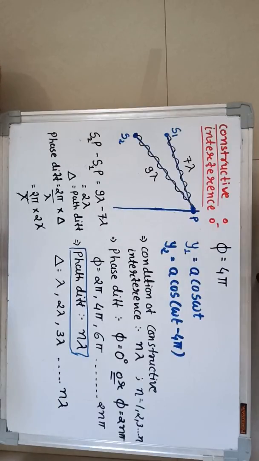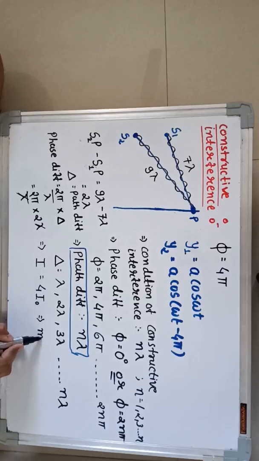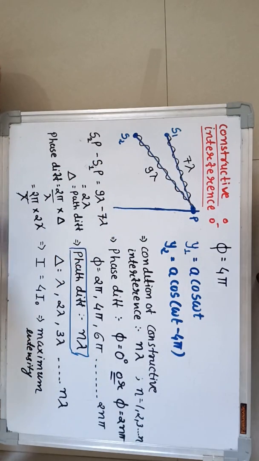For constructive interference, its intensity I is equal to 4 I0. It is the maximum intensity for constructive interference.